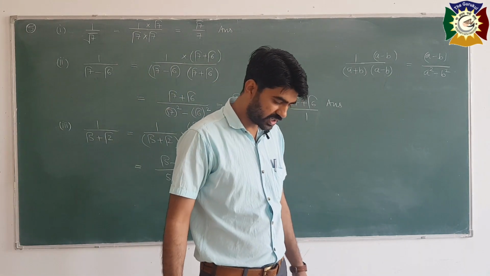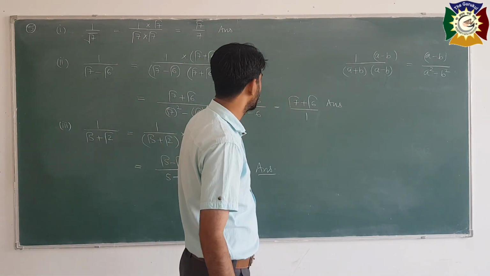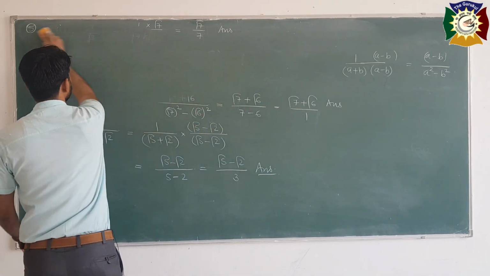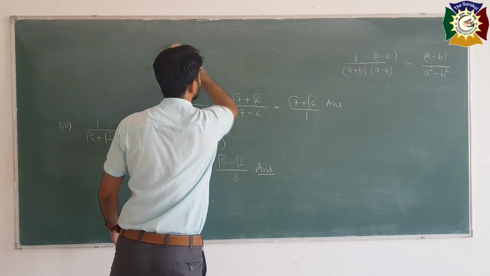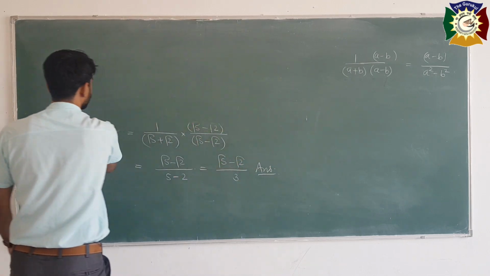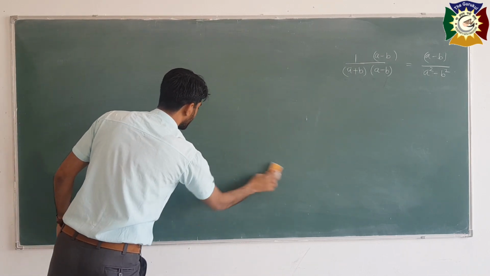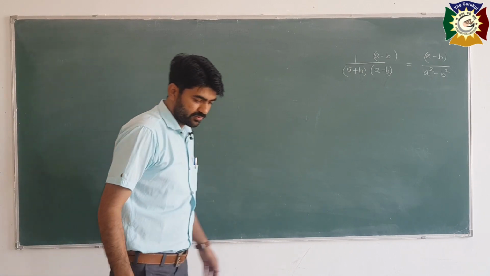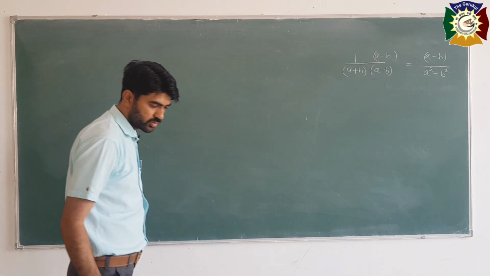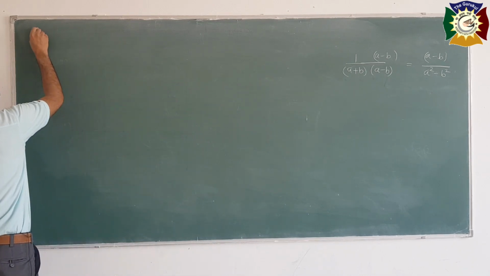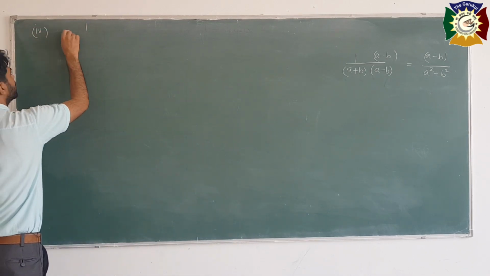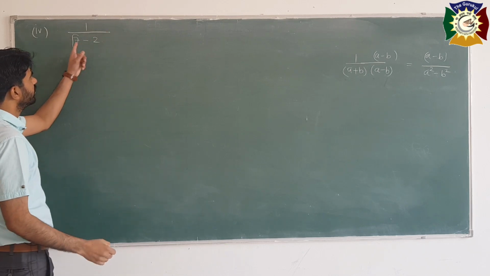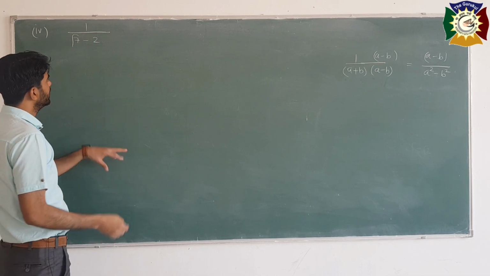Next, part 4. Let us see part 4. 1 upon root 7 minus 2. Again a minus b is given. We need a plus b.